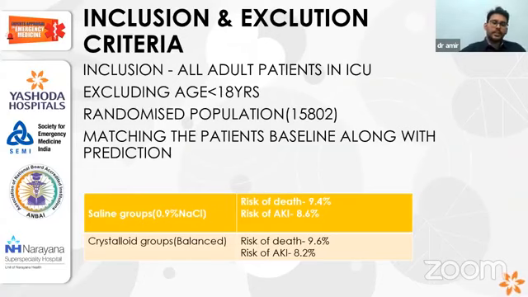In this study, the risk of death was 9.4% in the saline group, whereas it was 9.6% in the crystalloid group. The risk of AKI developed was 8.6% in the saline group and 8.9% in the crystalloid group.